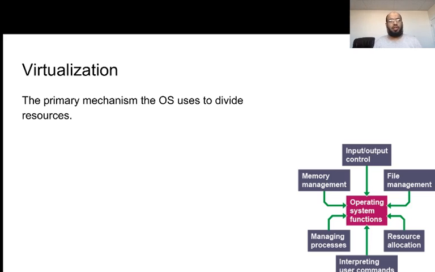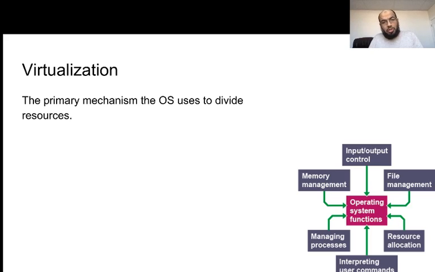The primary mechanism that an operating system uses to divide resources among different users is to give them a virtual space, a virtual set of resources.